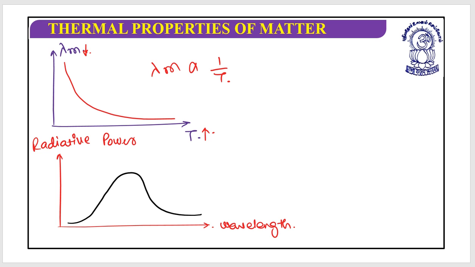This is the maximum radiative power that we can receive, P max, and this is at a particular wavelength lambda. Please do remember these things.